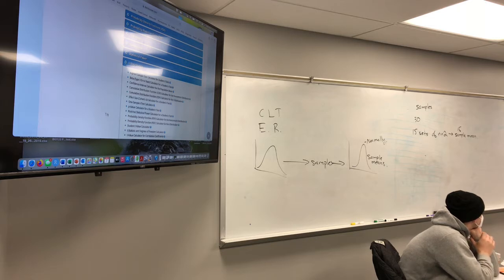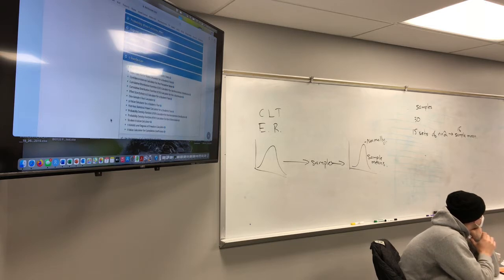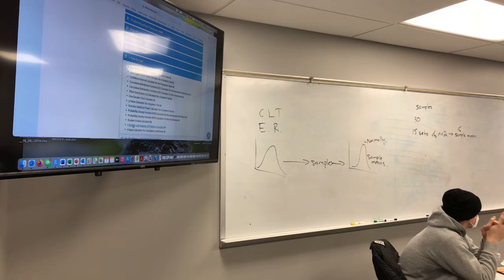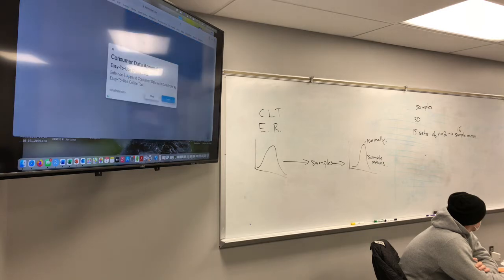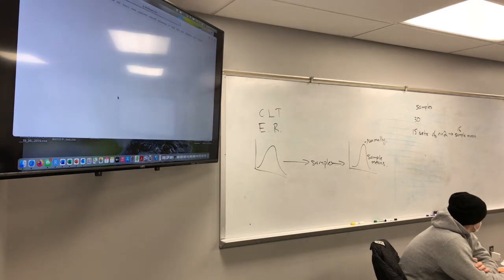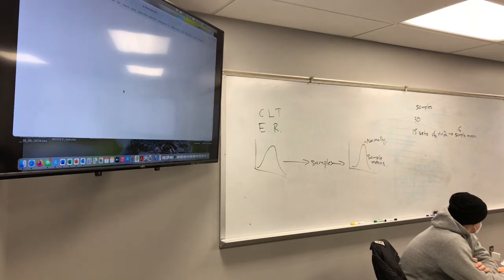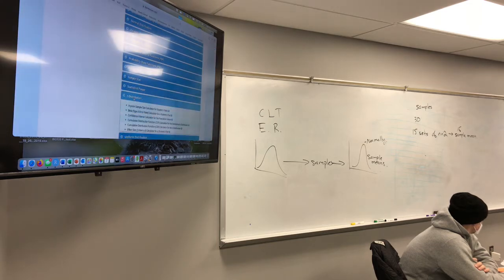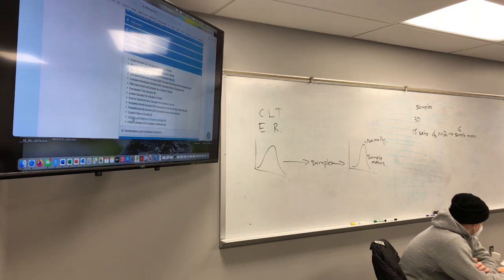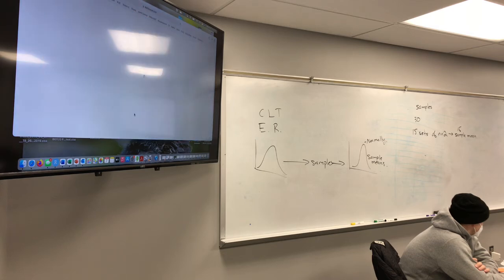I think it's the student t-value calculator. Yeah. So go to the student t-value calculator. So under t-distribution, it's down towards the bottom. Student t-value calculator.